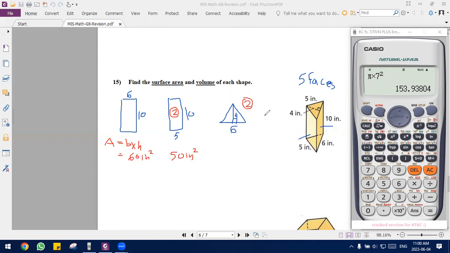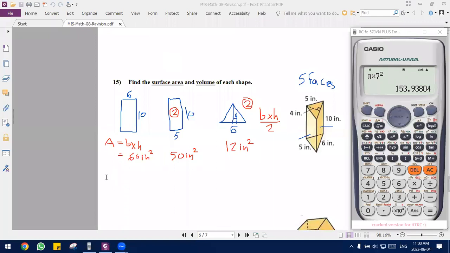Now let me write the formula for the triangle. Base times height over 2. Why over 2? Because the triangle is half of the rectangle. 6 times 4, 24, divided by 2 is 12. So each triangle is 12 inches squared.